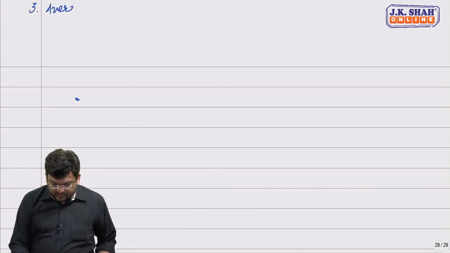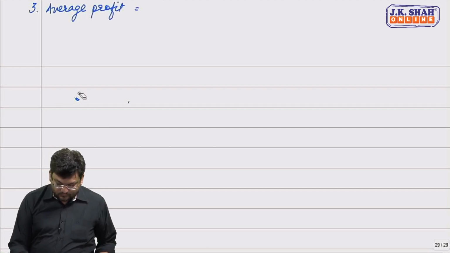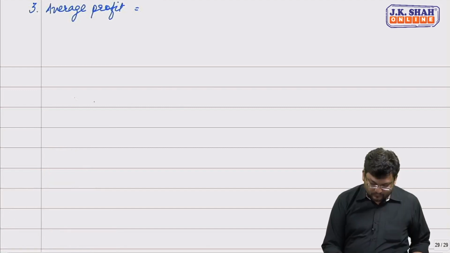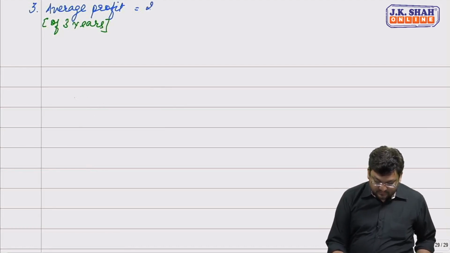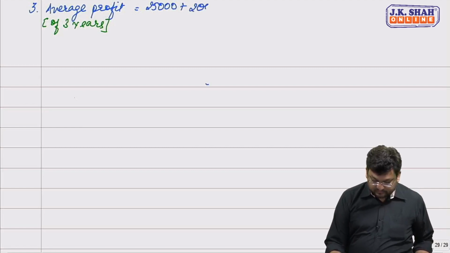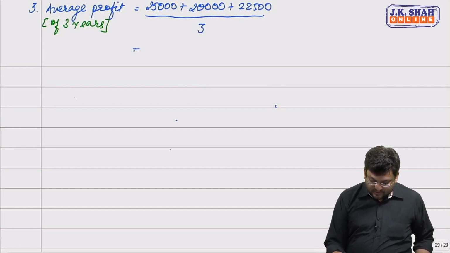So average profit of 3 years will be 25,000 plus 20,000 plus 22,500 divided by 3. So average profit comes to 22,500.